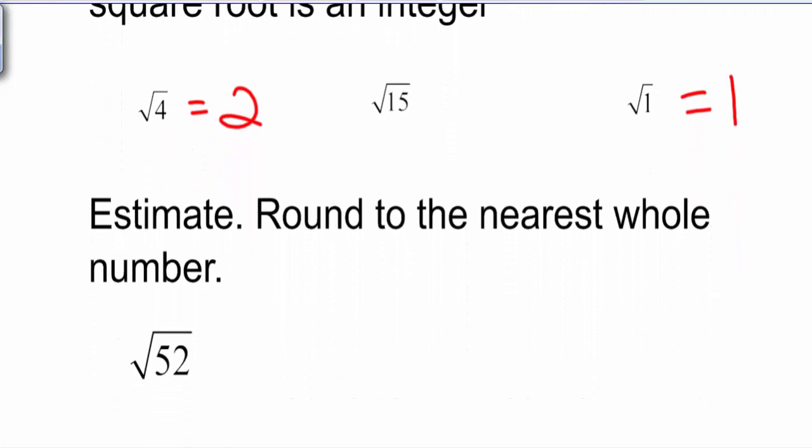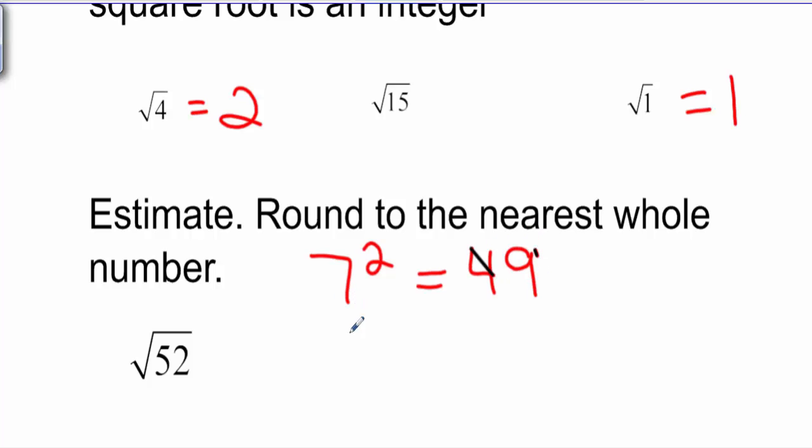We can estimate square roots. In this case, I want you to round it to the nearest whole number. So if I'm looking for the square root of 52, and I want to estimate what that might be, well, I think about the perfect squares that I know. So I know 49 is a perfect square because 7 times 7 is 49. I know 64 is a perfect square because 8 times 8 gives me 64.